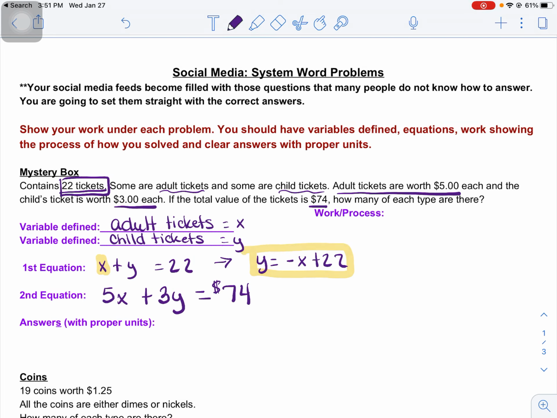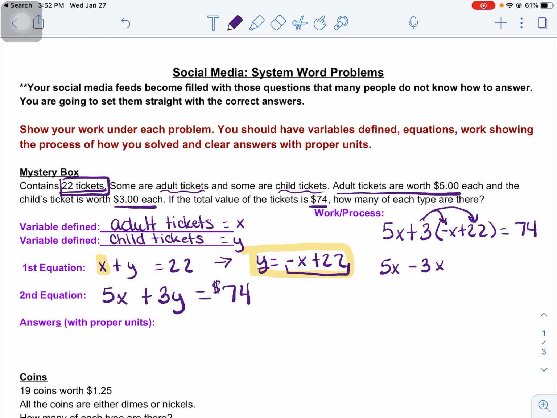So here's what my work should look like. 5x plus 3 times y. Well, every time I see y, I'm going to plug in my substitute, negative x plus 22, equals 74. You're going to distribute. So you have 5x, and this is a positive and a negative, so negative 3x.